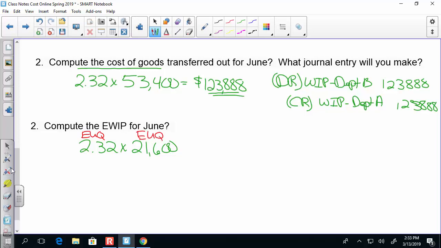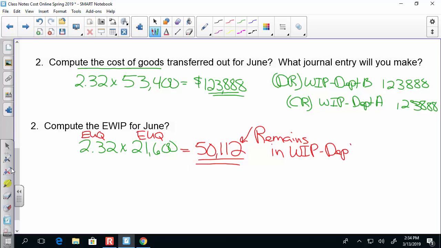You have to match apples with apples. So 232 times 21,600 gives me 50,012. And this is what remains in WIP Department A, right? These were the units that didn't finish, that did not get fully complete.